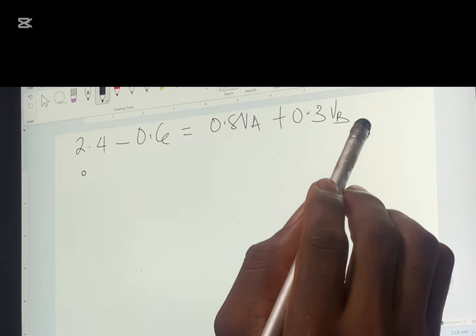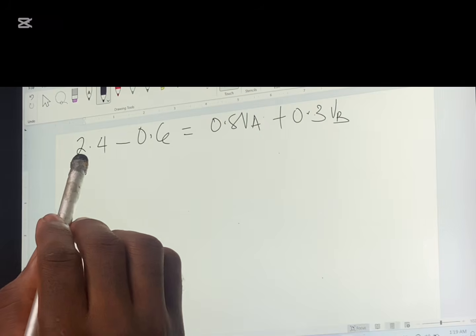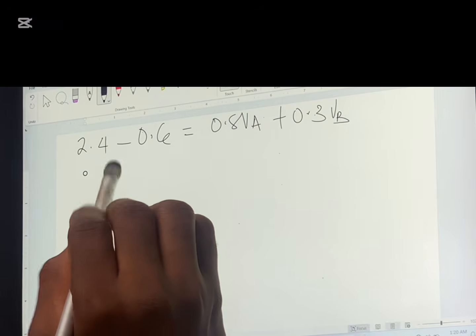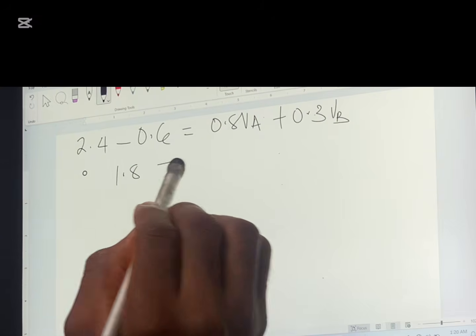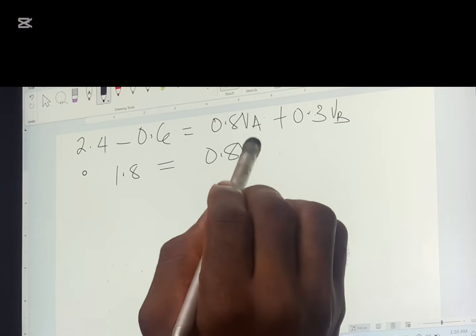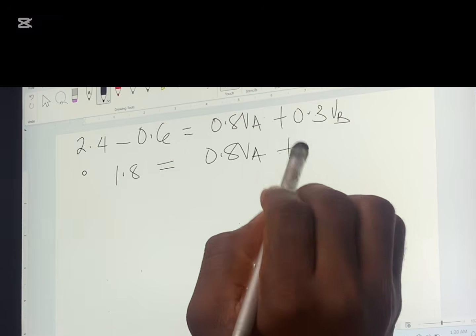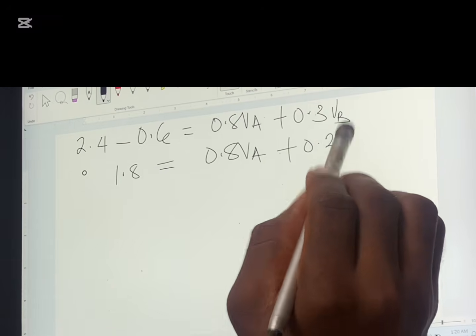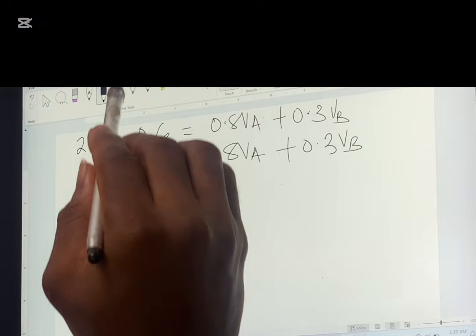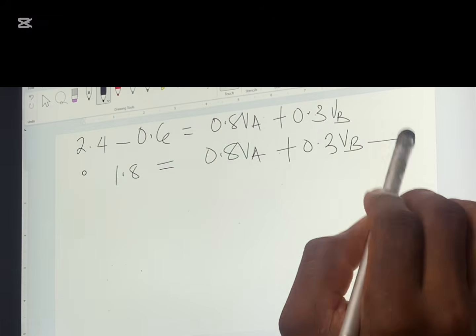So 2.4 minus 0.6 is 1.8, which is equal to 0.8 VA plus 0.3 VB, okay? So this is from our Formula 1.